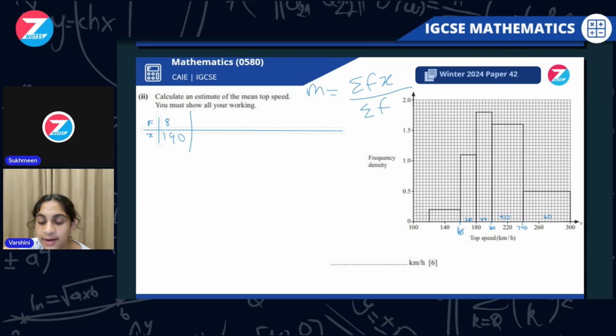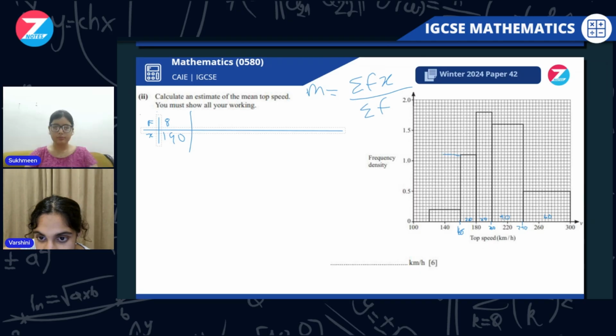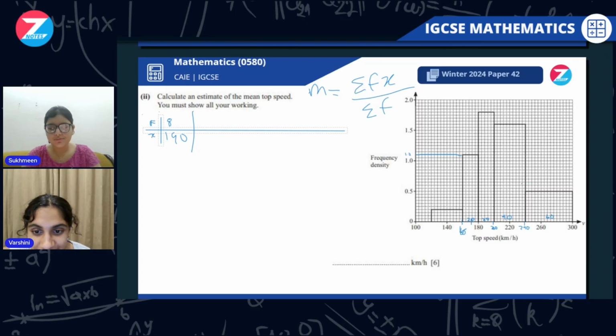Okay, now to find the frequencies, let's also find the frequency densities. So the frequency density of this first one is going to be 1.05, 1.1, and the next one will be over here, which is 1.6, 1.7, and 1.8.